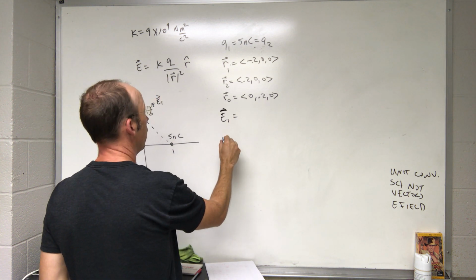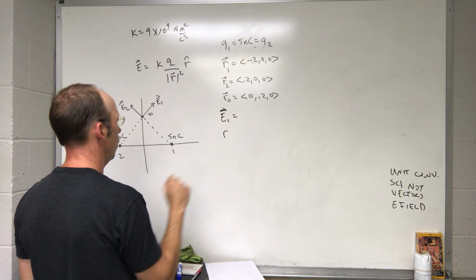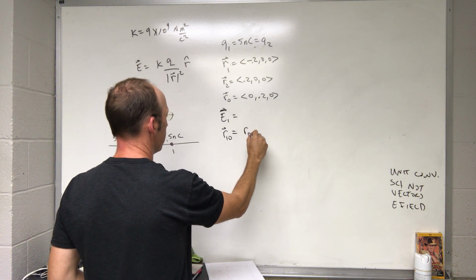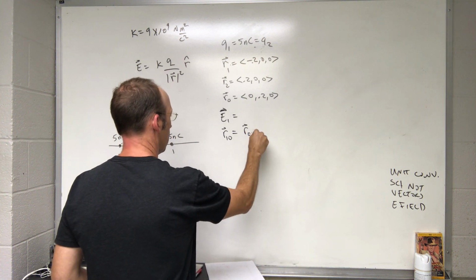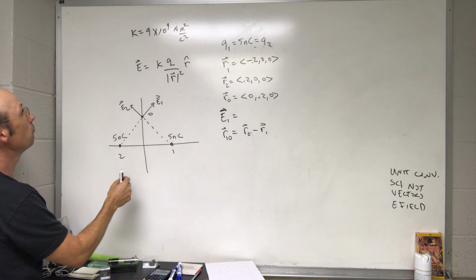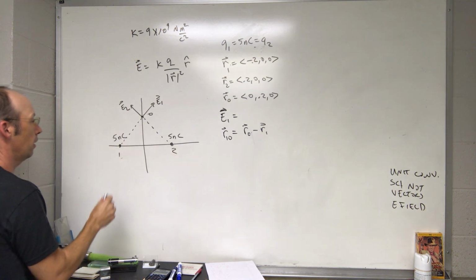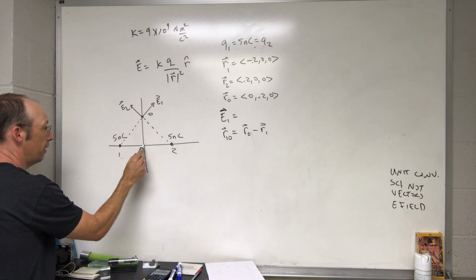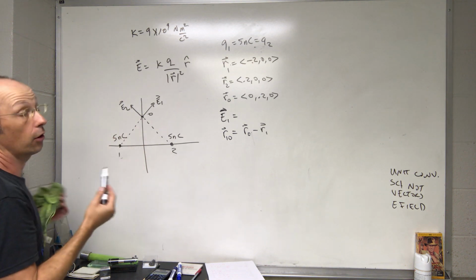I called this one R1, actually I called this 1, and that 2. So I want the vector from this point charge to that observation location, and that's R. This is R1, this is R observation, which I call just R_O. The difference between those two is this value R, which I'm calling R10.